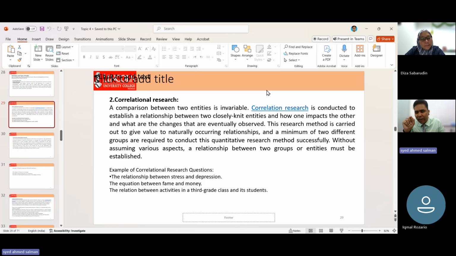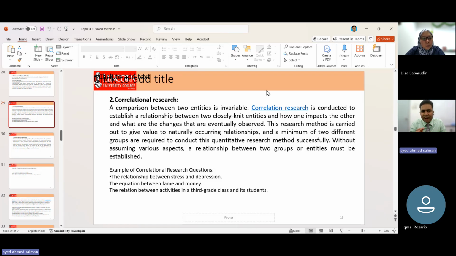Now, if you are aware of Islamic banking, you will adopt Islamic banking. If you are aware of the capital market, you will invest your money in the capital market. If you are aware of hospitality services, then you will be happy, right? So here is a comparison between two entities in variables.